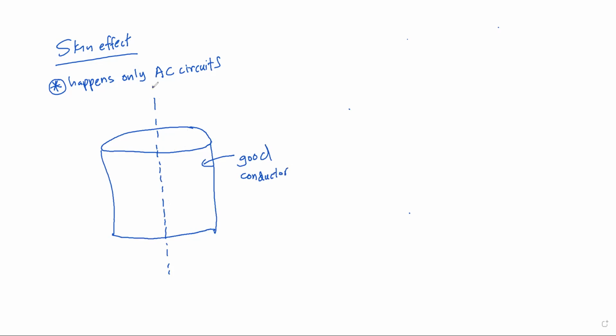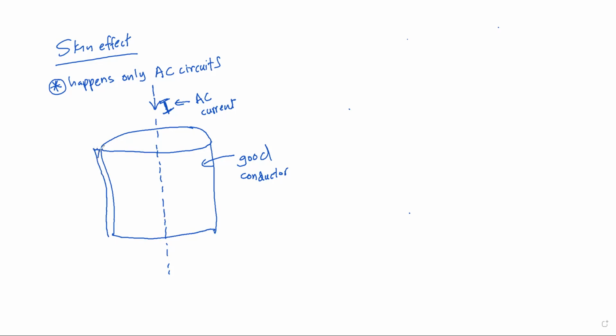Let's say there's current coming from here, and this current is an AC current. The AC current needs to be conducted across this conducting medium. We are only considering the conductor here, not the outer covering of the conductor.